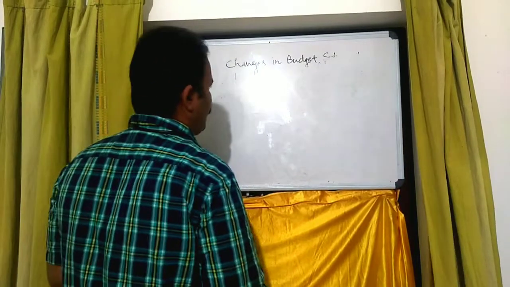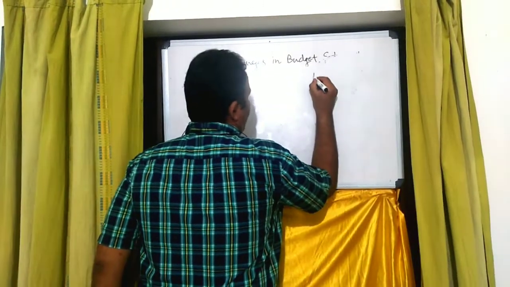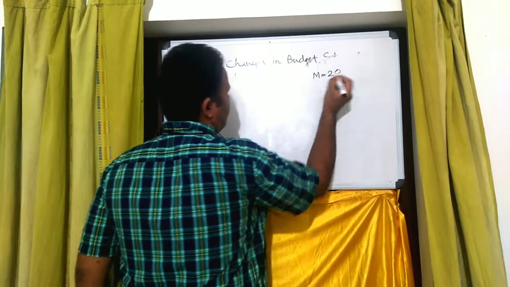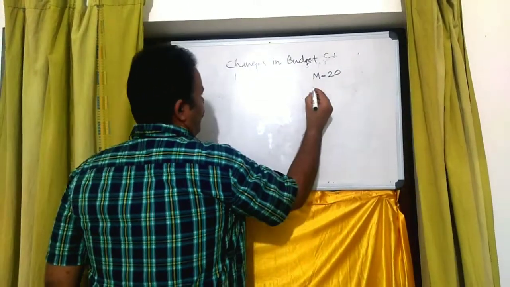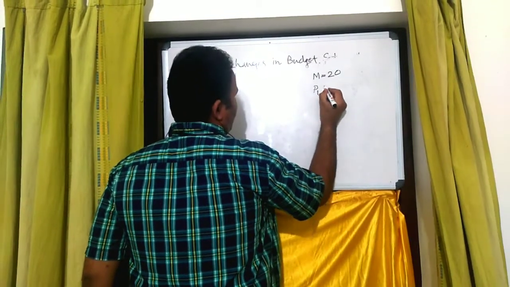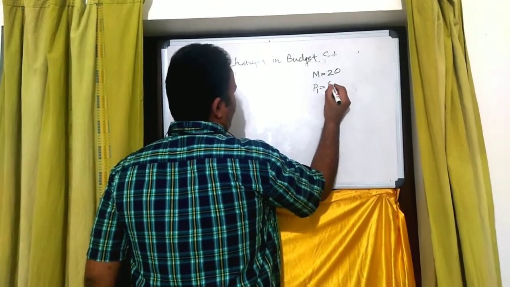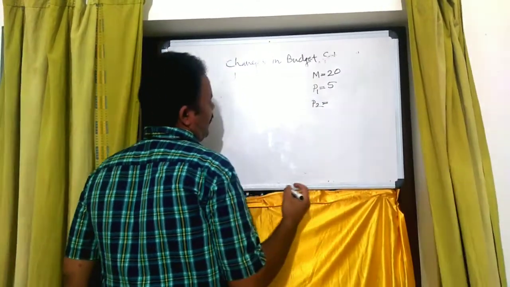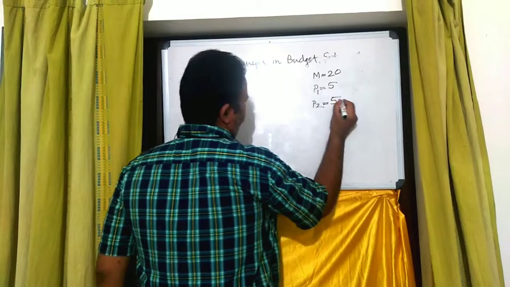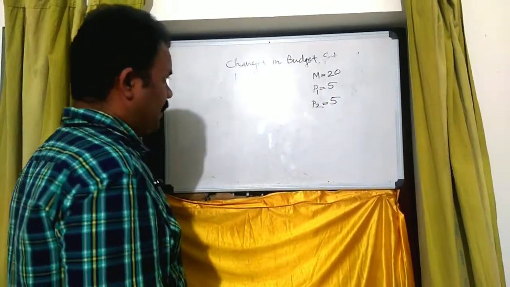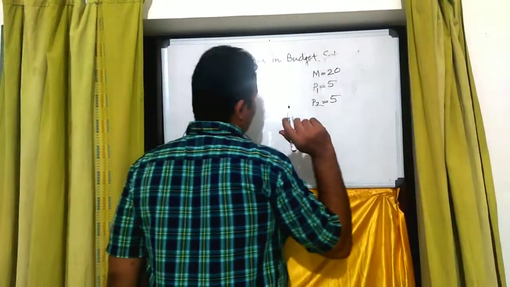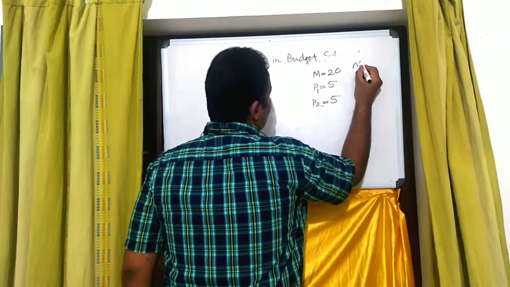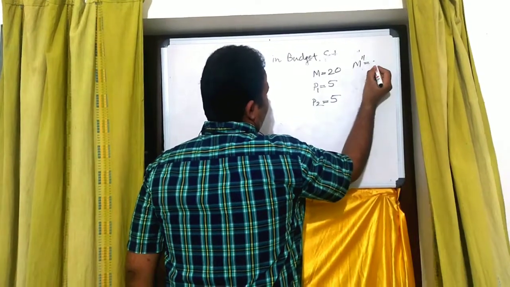Suppose the initial income of the consumer, that is M, is equal to 20. The prices of the commodities: P1, the price of bananas, is 5, and P2, the price of mangoes, is 5. Then the income of the consumer decreases from 20 to 10.